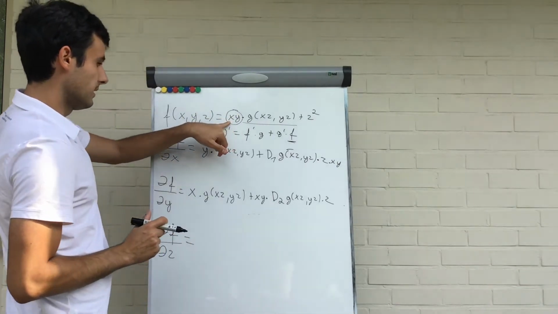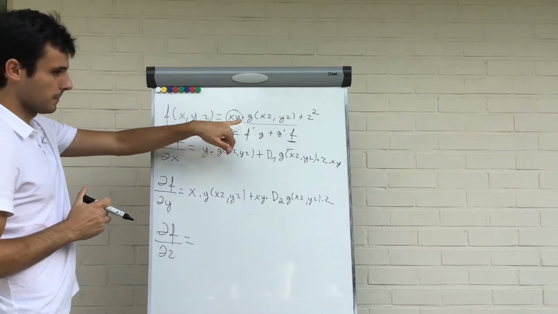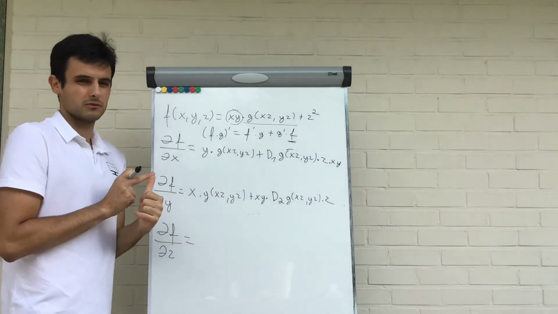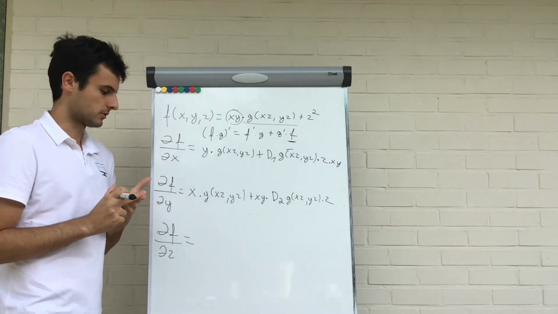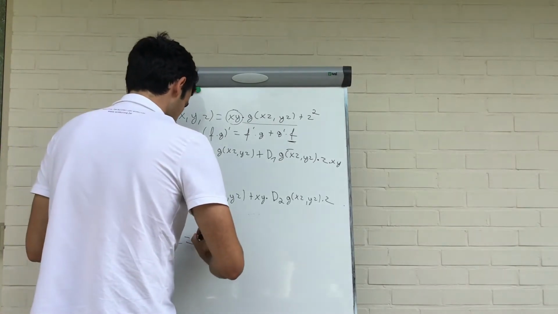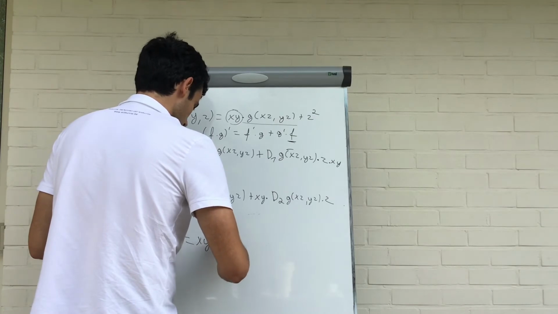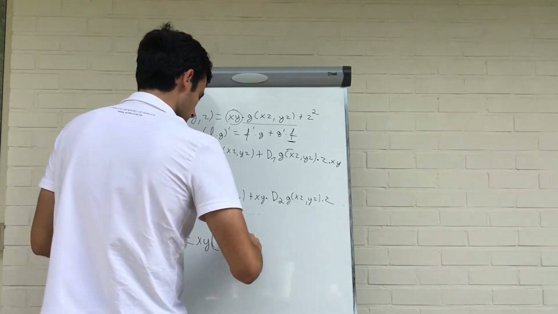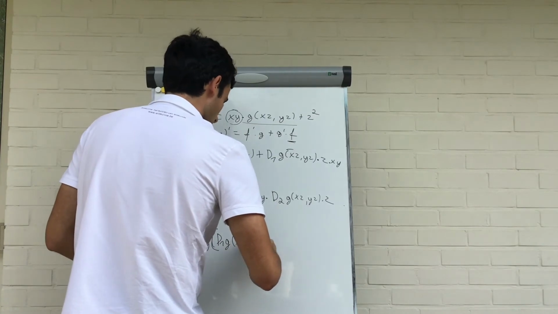So we have here a constant, but here we have 2 times z. So we need to take the first partial derivative of g and the second partial derivative of g. So we get x y multiplied with d1 g x z, y z.